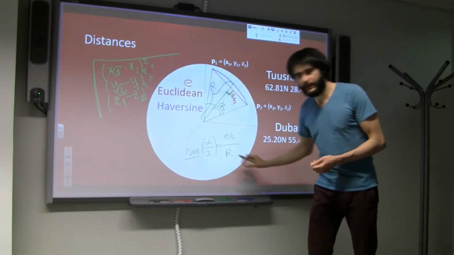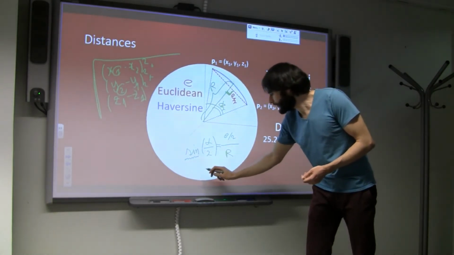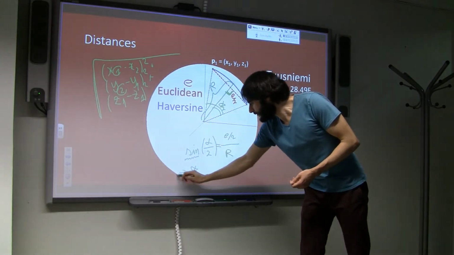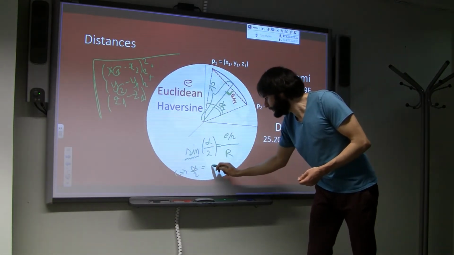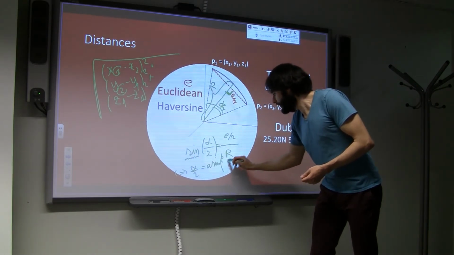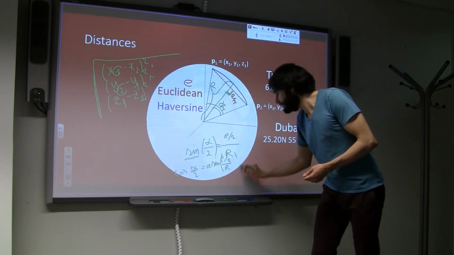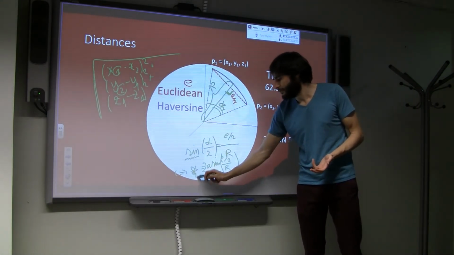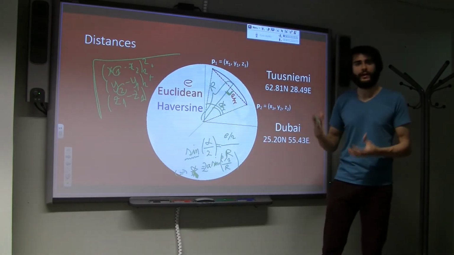If I do the inverse of the sine, I just get alpha divided by 2. So alpha divided by 2 is equal to arc sine of E by 2 divided by R. And if I want alpha, I have to multiply this by 2. Okay, so I have alpha.